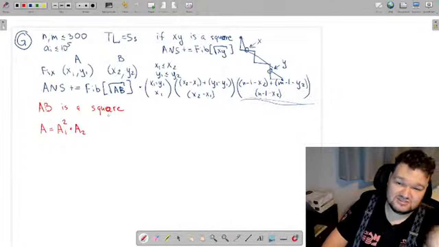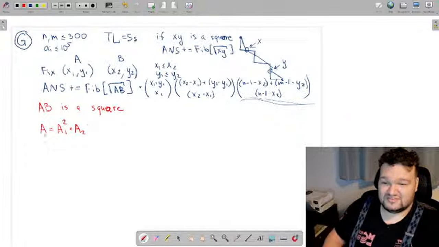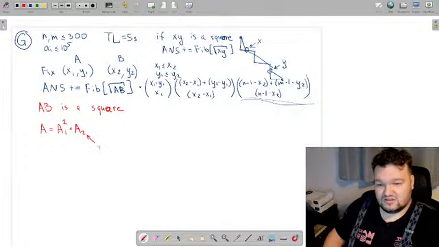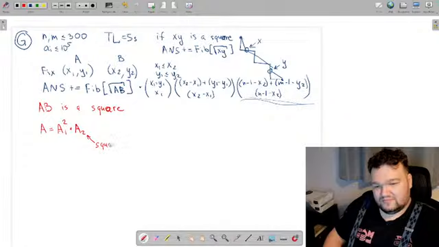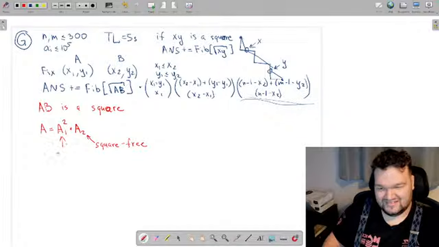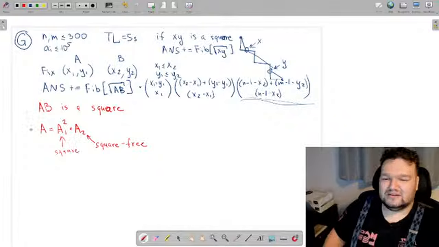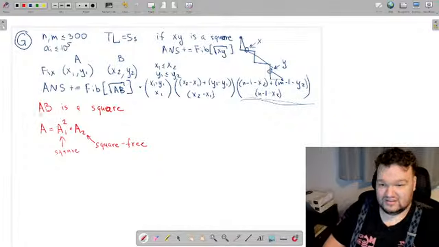Yeah, that's it. So each number is uniquely representable as a square free part and some square. And AB is a square if and only if their square free parts are the same.